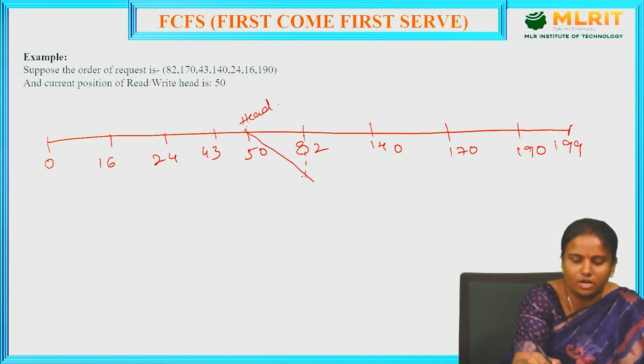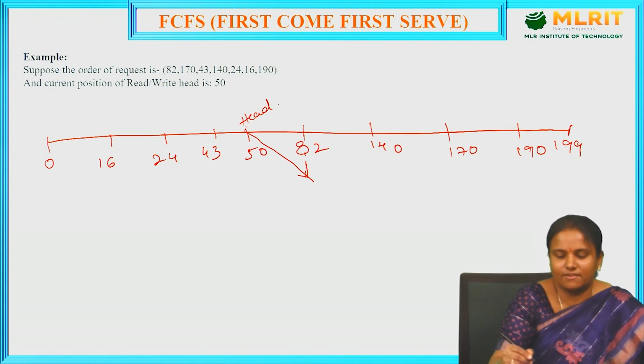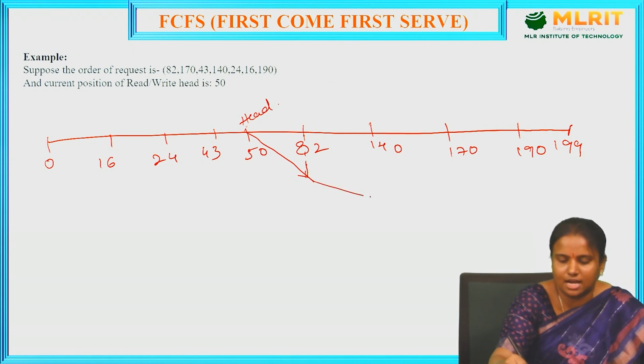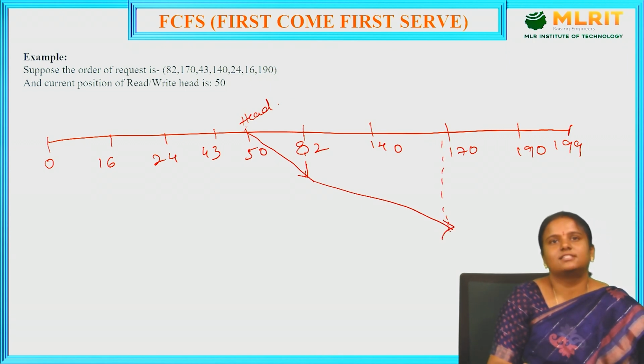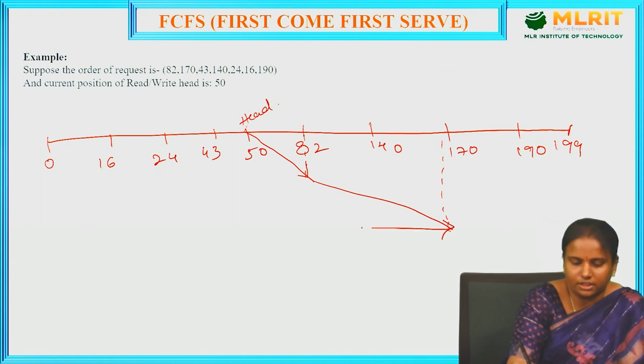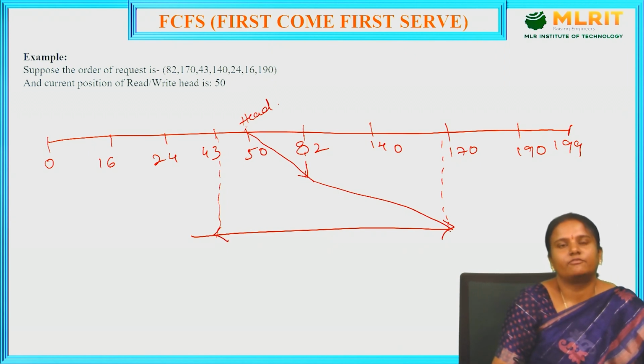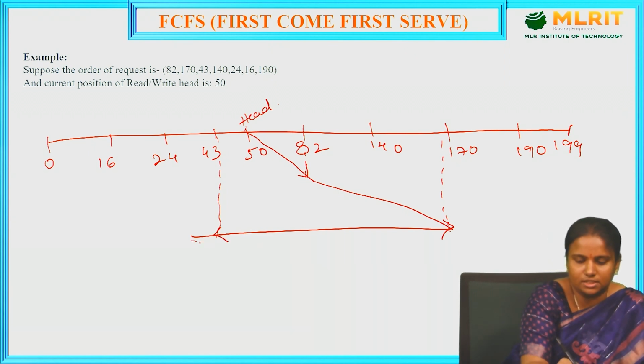Next number is 170, so we need to move the disk arm to 170. Next number is 43, so we go to 43. Next number is 140, so again we move the disk arm.